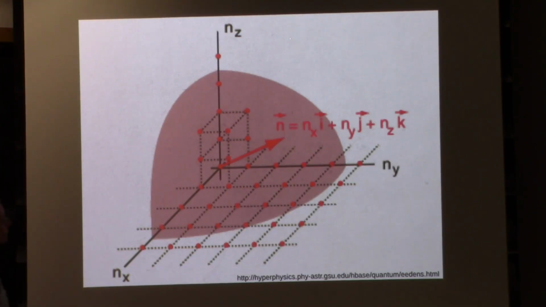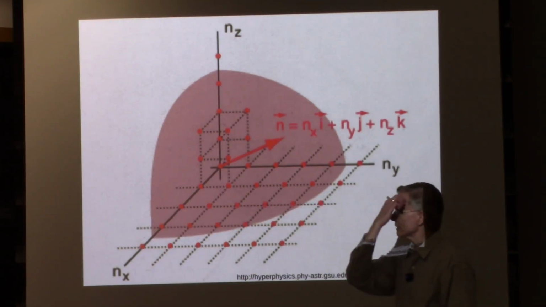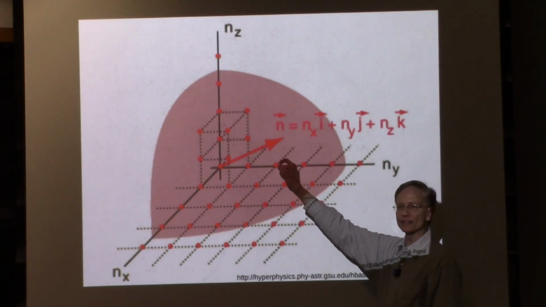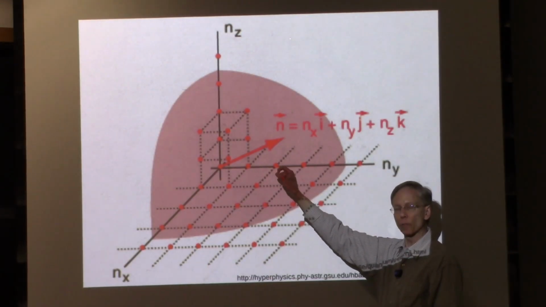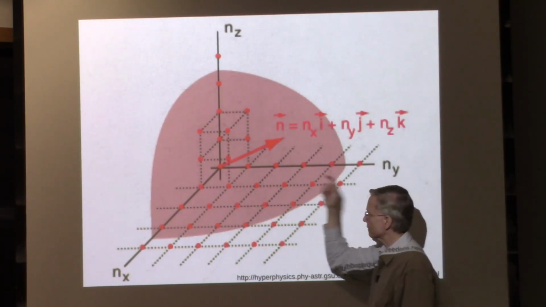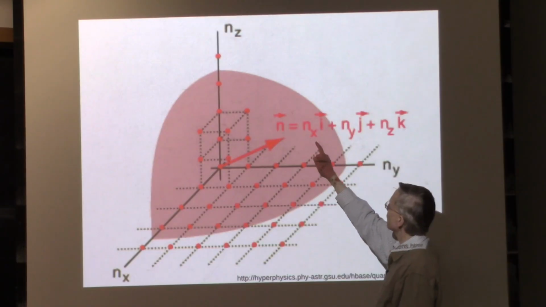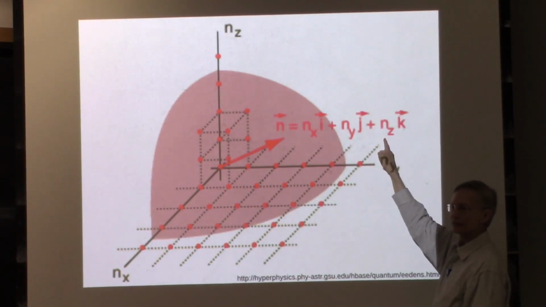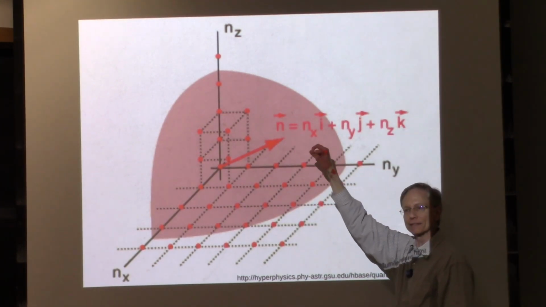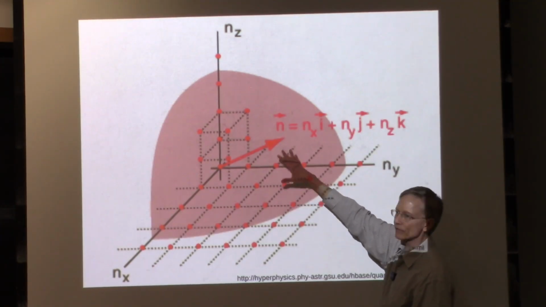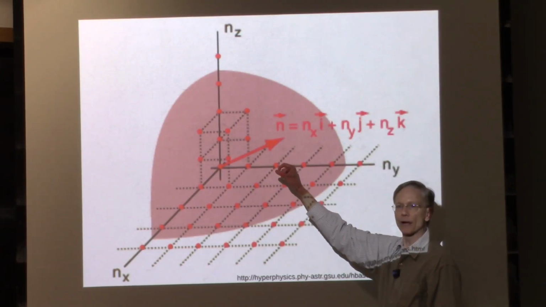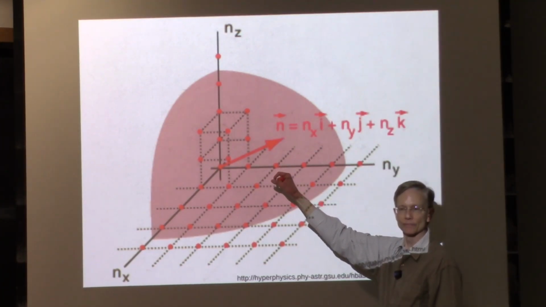So every possible energy eigenstate can be identified with a point in n space whose coordinates are n sub x, n sub y, and n sub z. We can think of a vector whose components are n sub x, n sub y, and n sub z that connects the origin to one of these dots in n space. It's a cubical grid of dots that represent the points where n sub x, n sub y, and n sub z are all positive integers.